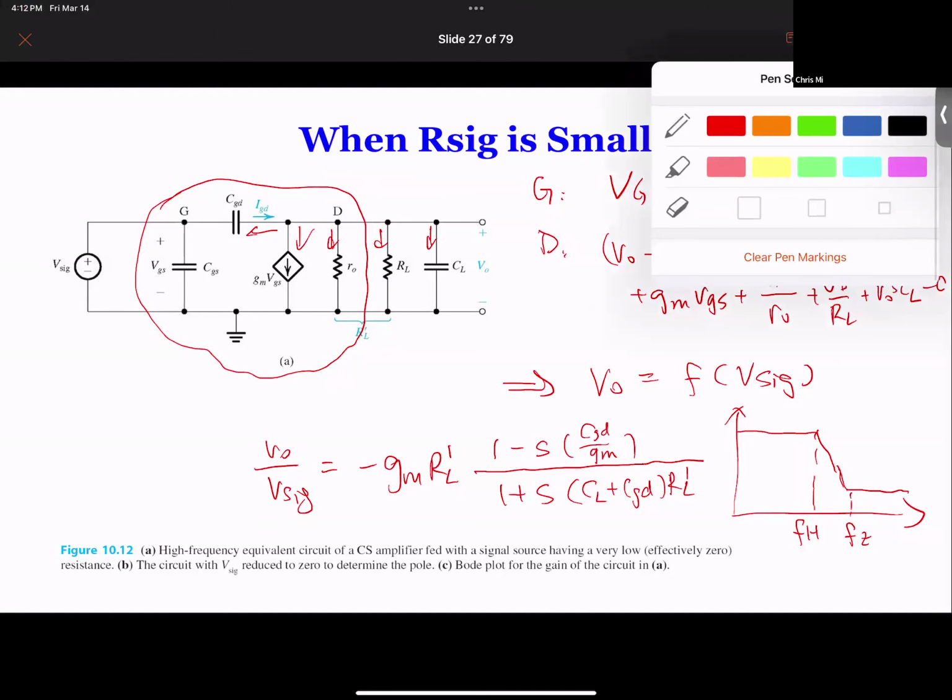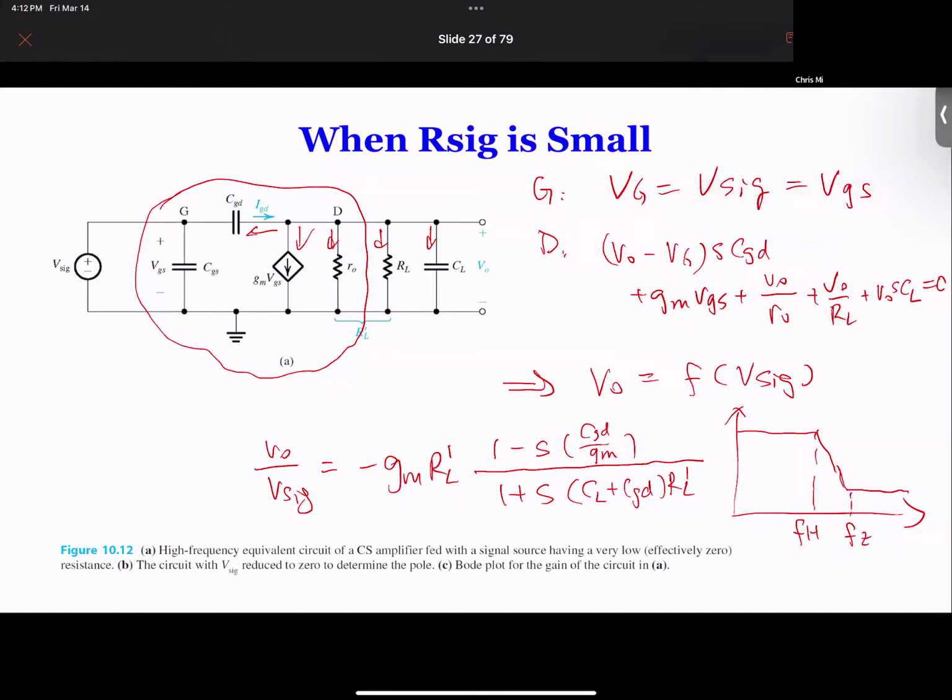If your omega h is here and F0 here, the frequency response is flat, then increases, and then flat. But this is going to be troublesome, because later when we talk about chapter 11 or 12, you're going to know that this is unstable for the system. It's not going to work. We'll cover more of that later on.